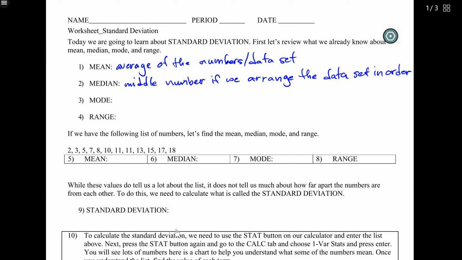And then the mode would be the highest frequency number, the most occurring number. Then we go to the range, which is just the maximum minus the minimum.